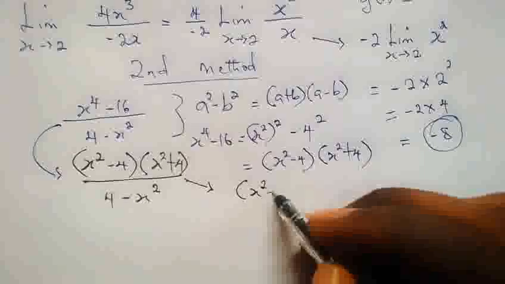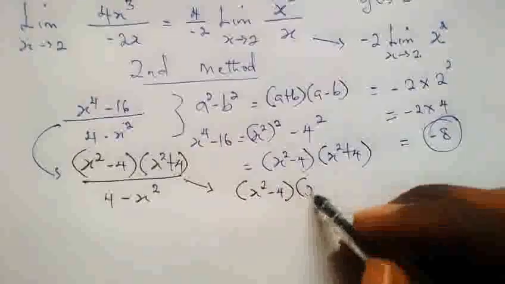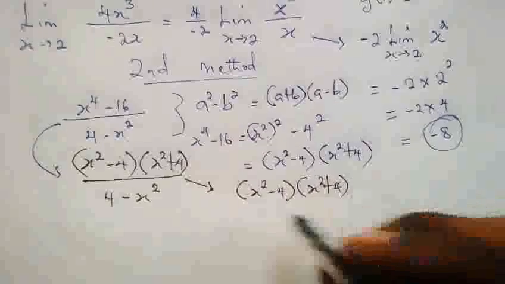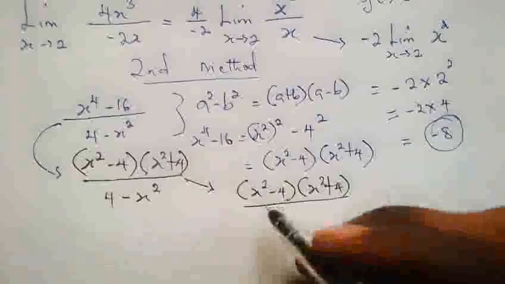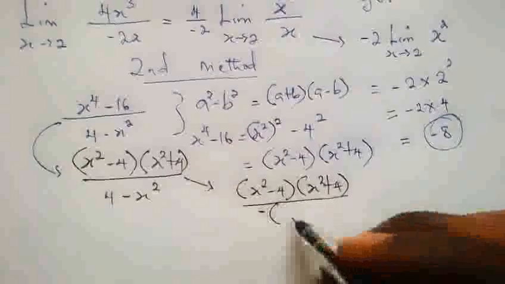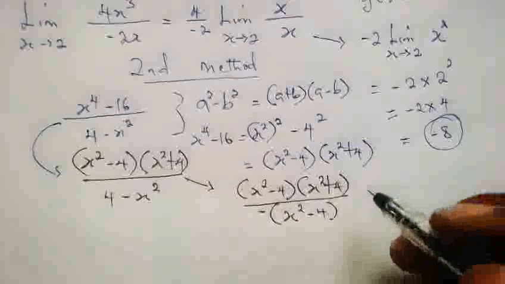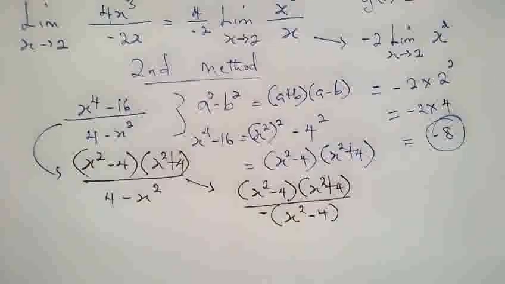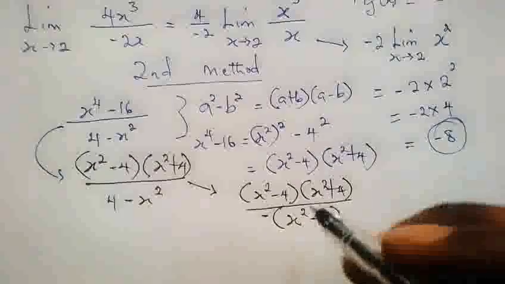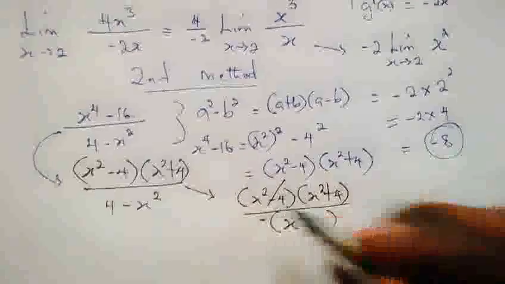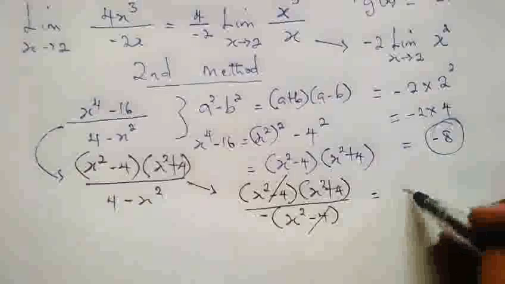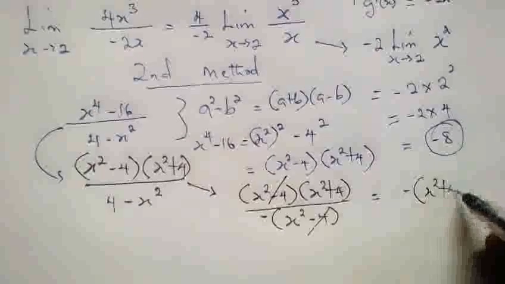I have x squared minus 4, x squared plus 4 all over, so I'm going to factor out a negative sign: minus open bracket, then I get x squared minus 4. So this makes sense here, right? Here we get this cancelled out, so we get negative open bracket x squared plus 4.